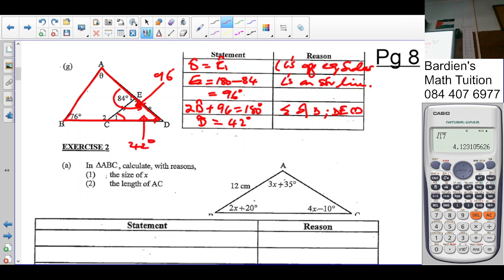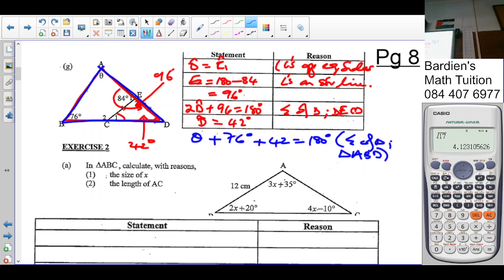So now I go with the sum of angles in the big triangle. I say that theta plus 76 plus 42 is equal to 180. Why? Sum of angles in triangle ABD. So theta is equal to 180 minus 76 minus 42. 20?